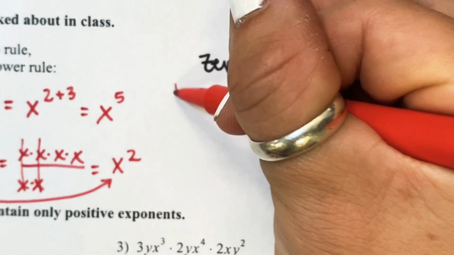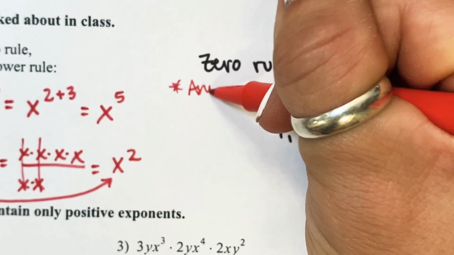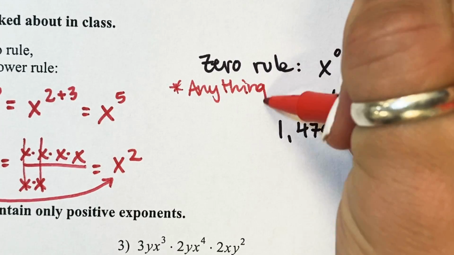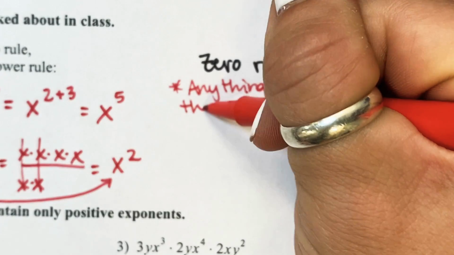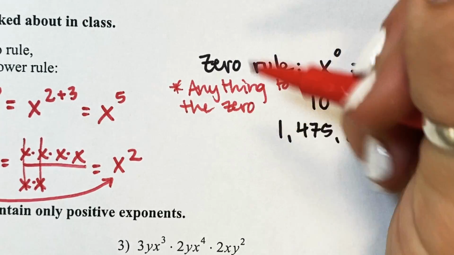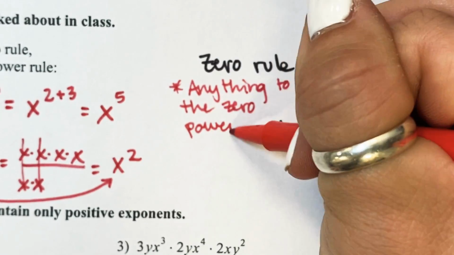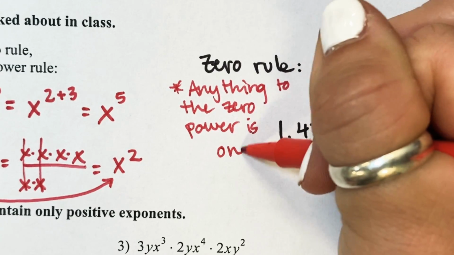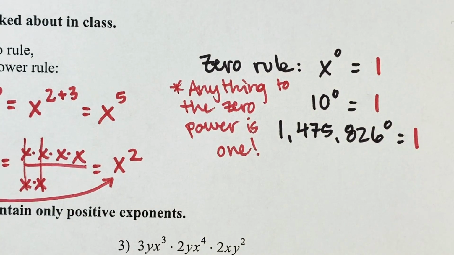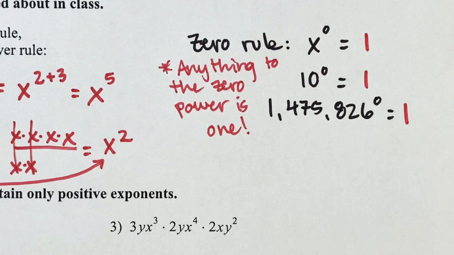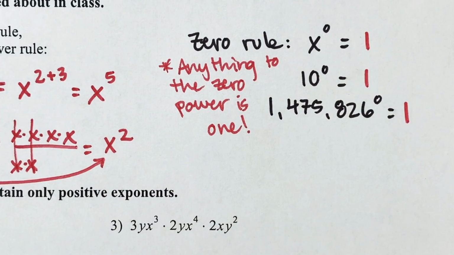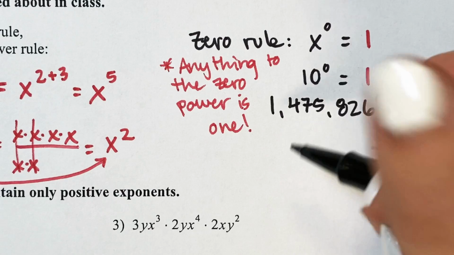Anything, okay, write this down. Anything to the 0 power is 1. Anything to the 0 power is 1. Beautiful.